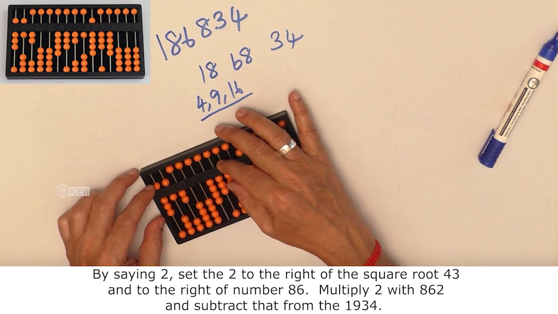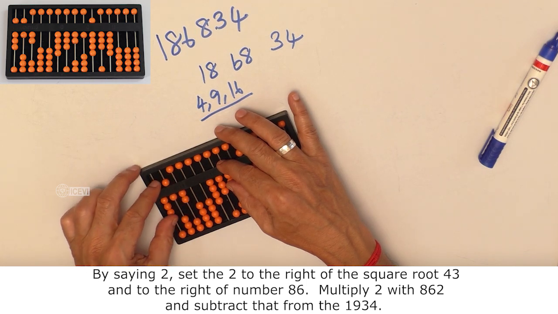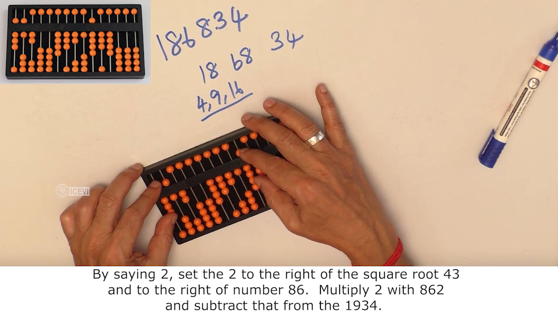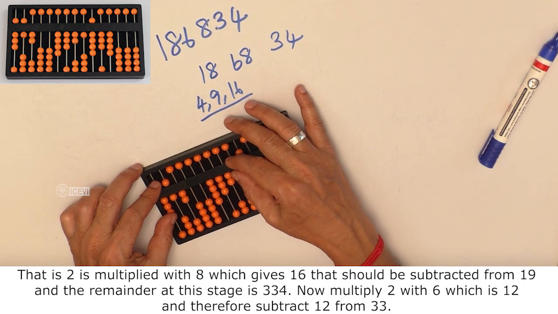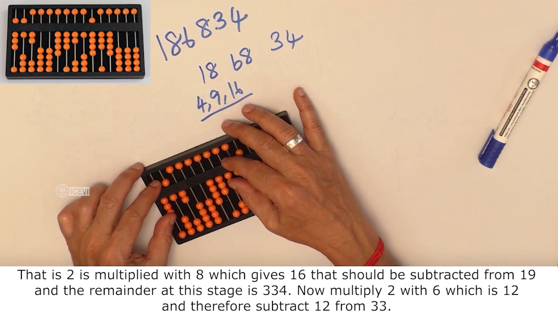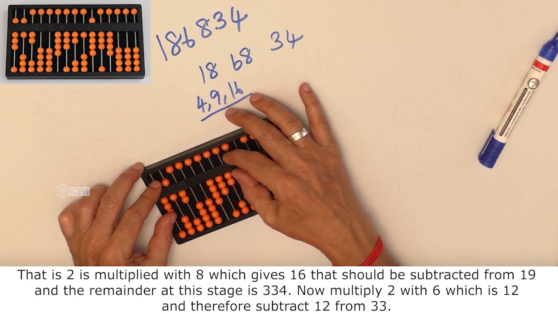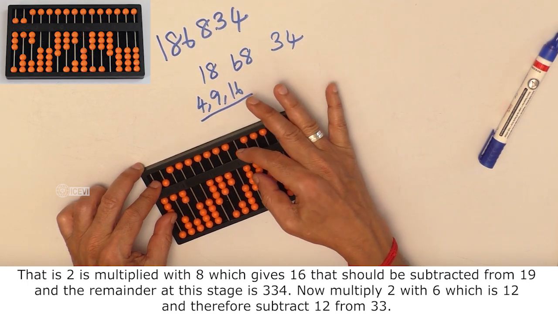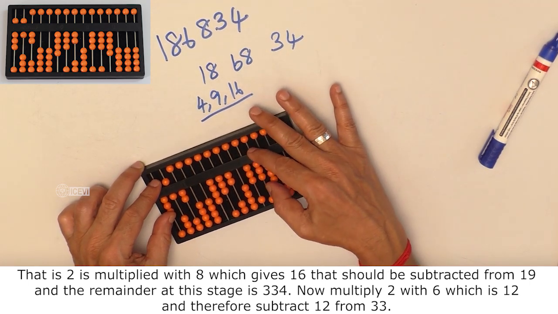Multiply 2 with 862 and subtract that from 1934. That is, 2 is multiplied with 8 and 16 should be subtracted from 19, and the remainder is 334.